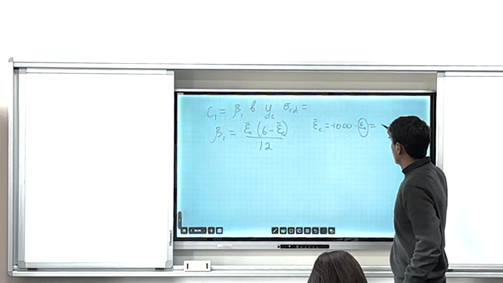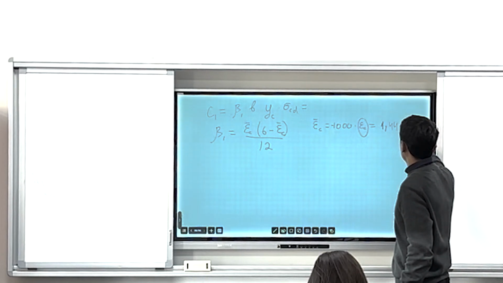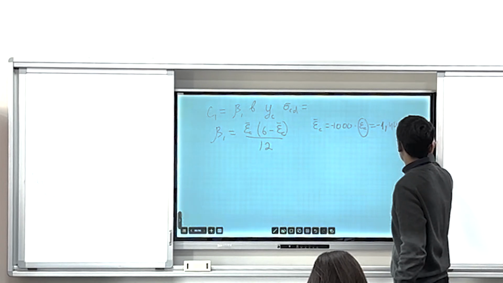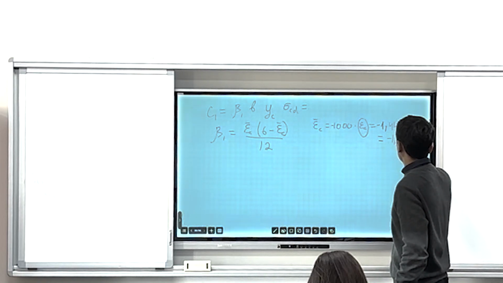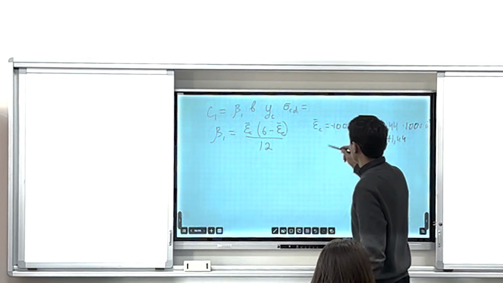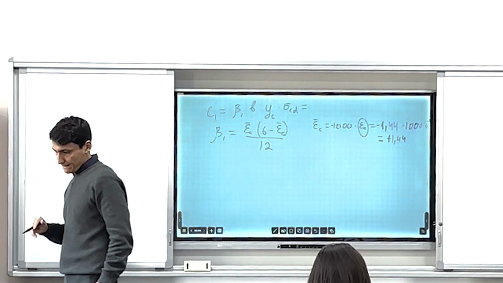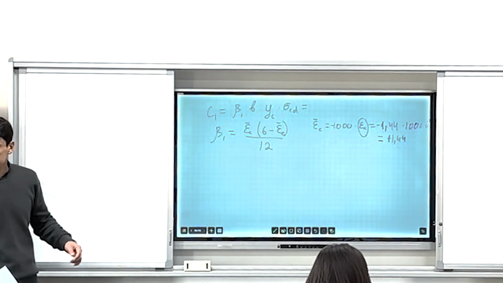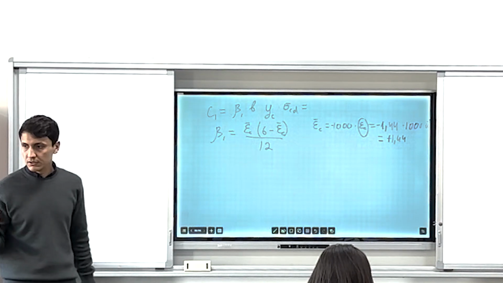Now you have 1.44 multiplied by 10 to the power of minus 3, so we will have minus 1000 times minus 1.44.